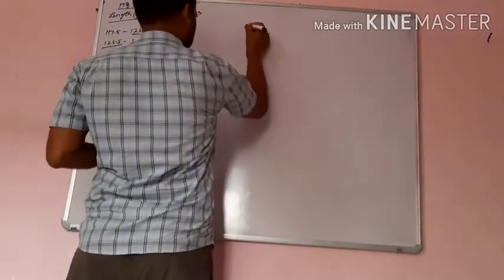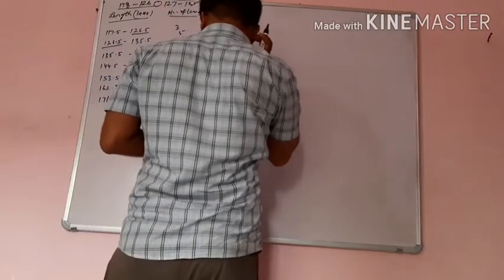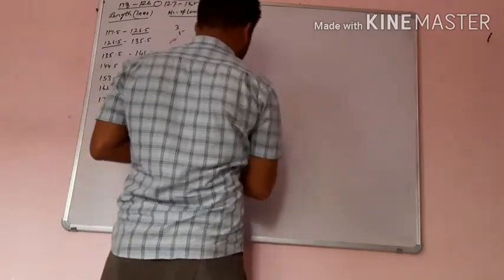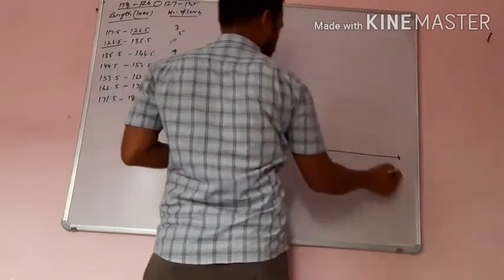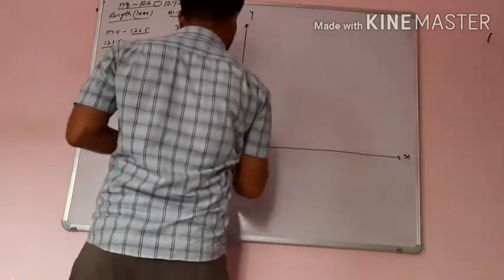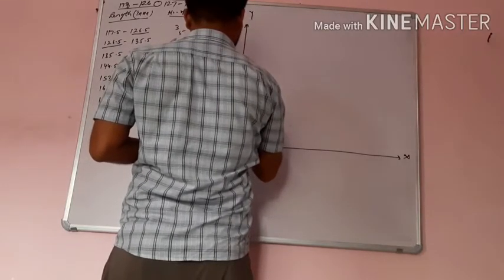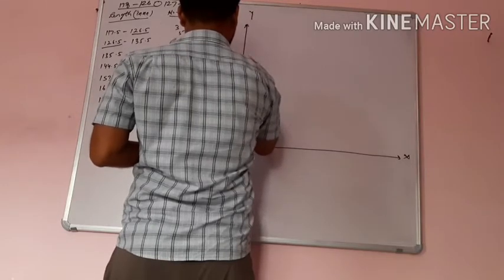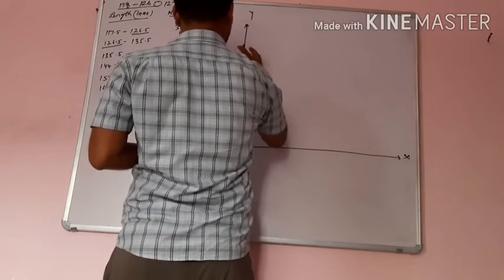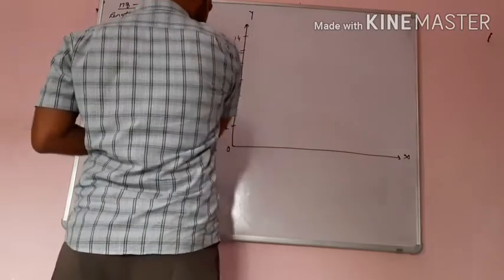On the y-axis and x-axis, we take 0, 2, 4, 6, 8, 10, 12, 14.